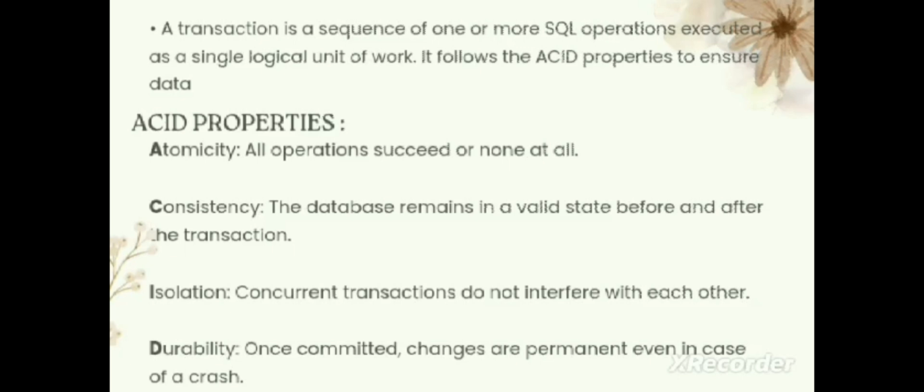C, Consistency: the database remains in a valid state before and after the transaction. I, Isolation: concurrent transactions do not interfere with each other. D, Durability: once committed, changes are permanent even in case of a crash.